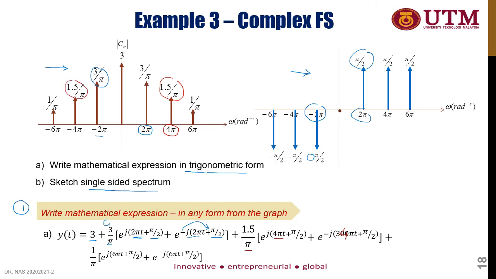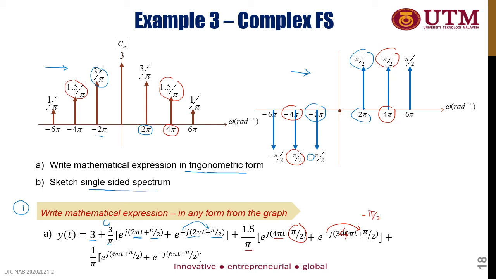For the second one, look at the phase. At positive frequency it's positive pi over 2, and at negative frequency it's negative pi over 2.